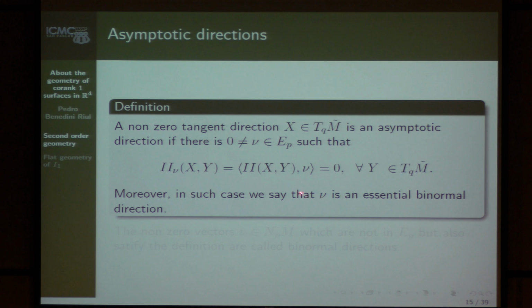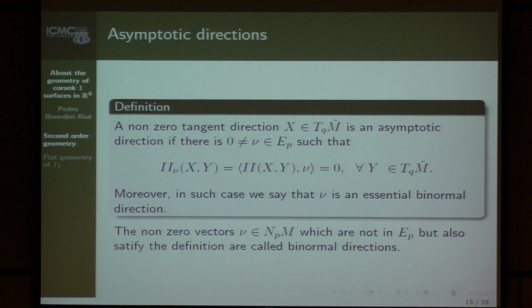In such case, we say that this vector is an essential binormal direction. But we may have also non-zero vectors in NpM, vectors that do not belong in Ep, but also satisfy the previous condition. And we call these vectors binormal directions, just binormal directions.